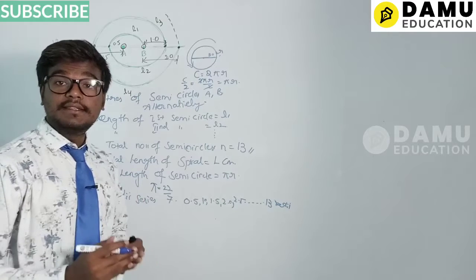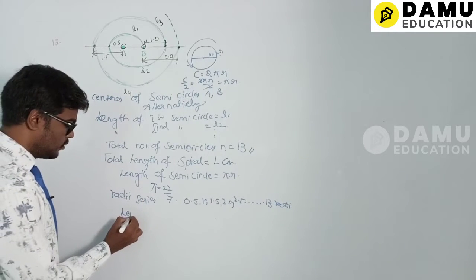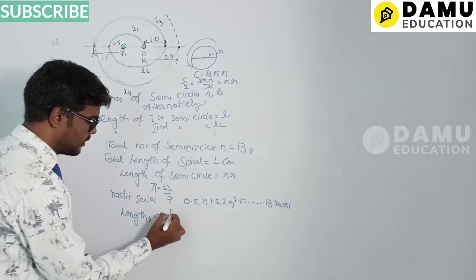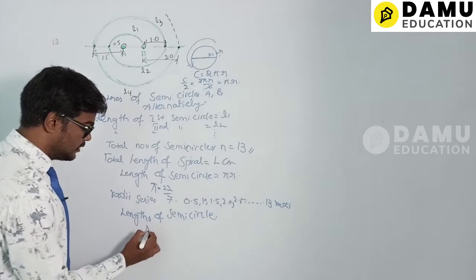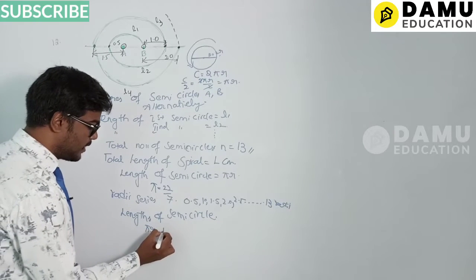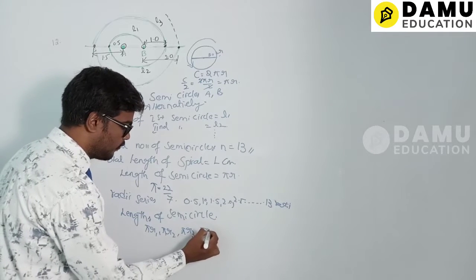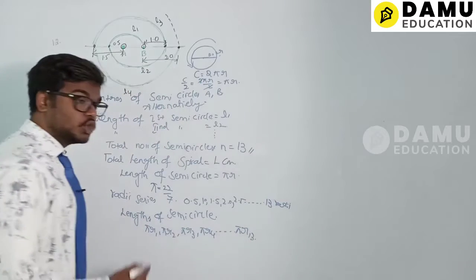Then what is the length series? What is the length of the first semicircle? The lengths of the semicircles are pi r1, pi r2, pi r3, pi r4, and so on up to pi r13. So these are the lengths.